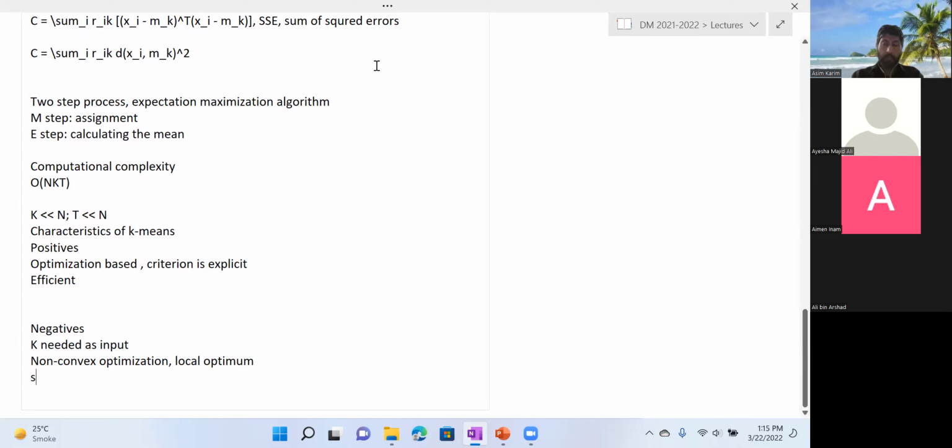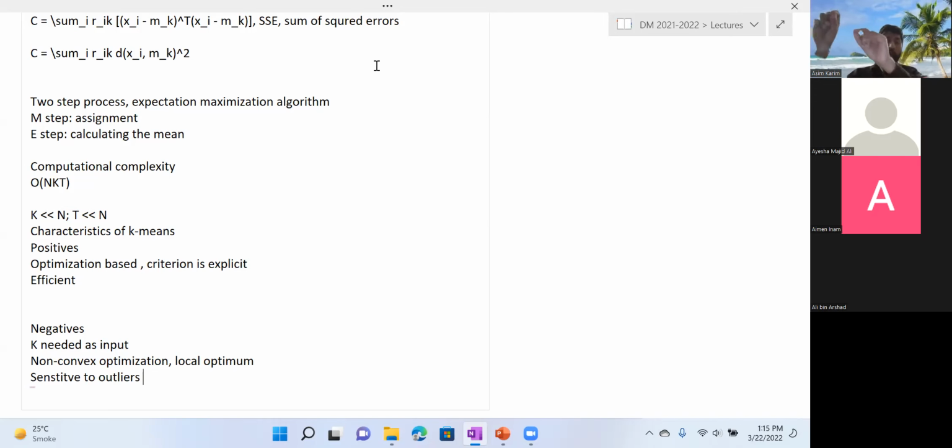What else? It is sensitive to outliers. And why is that? This is primarily because of the squaring of the error function, and the error function is based on Euclidean distance. So if an object is far away, its impact on the SSE, the cost, would be quite high, and it might distort the cluster.